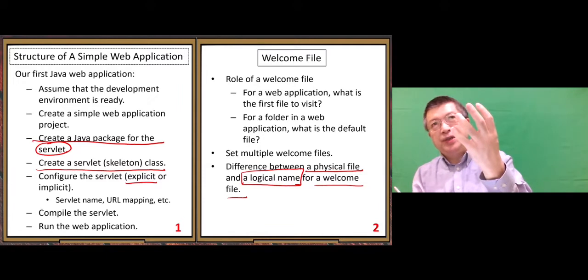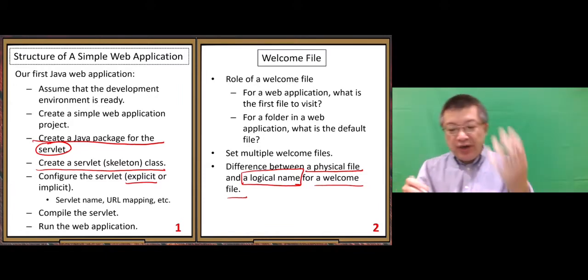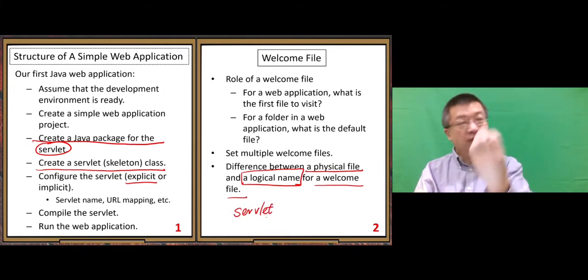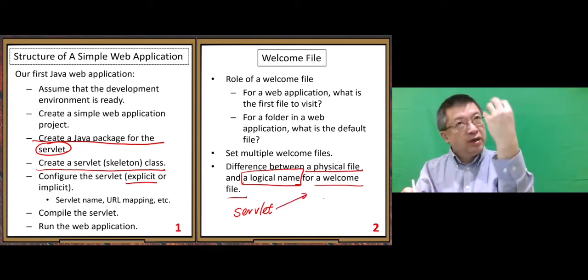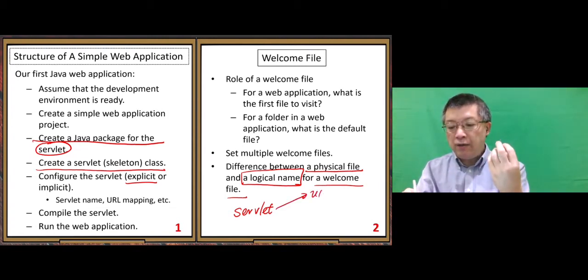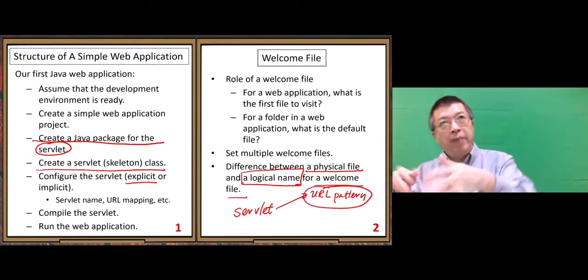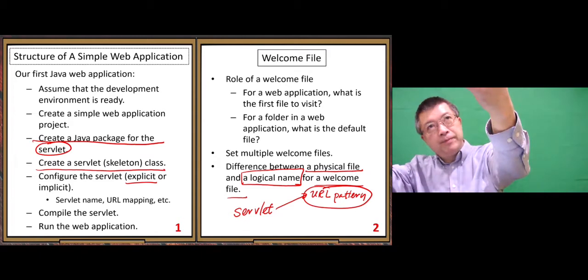Later, we will see that when we create a servlet, we have a servlet file, but developers do not want to expose this servlet file to outside people. So the developer wants to create a URL pattern for the servlet and expose the URL pattern to outside users.